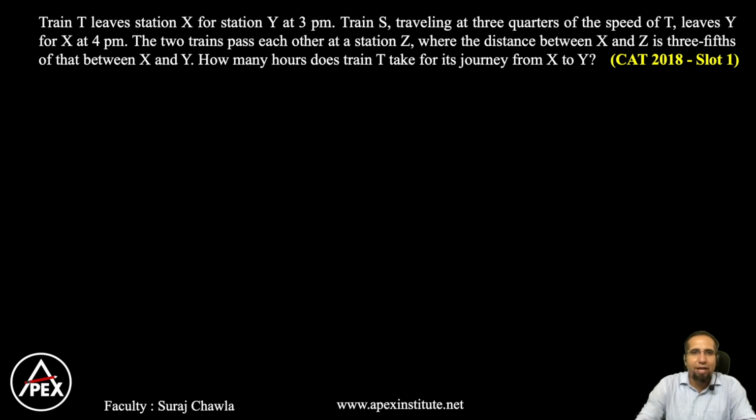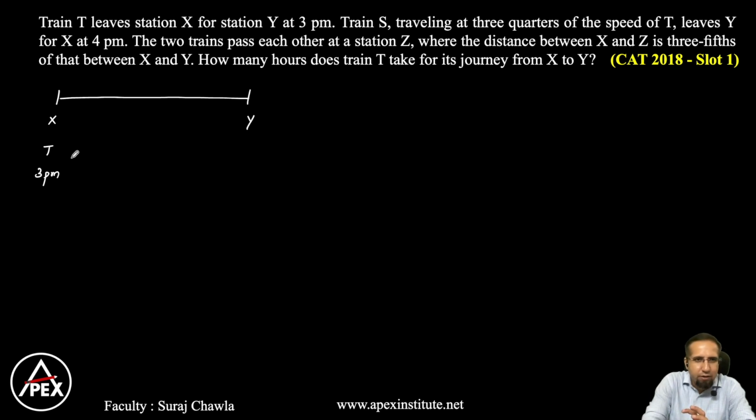Now, two trains leave station X for station Y at 3 p.m. Let's start from here. So I have station X, I have station Y, and train T leaves at 3 p.m. Train S travels at 3/4 of the speed of train T, that is 3/4, right?